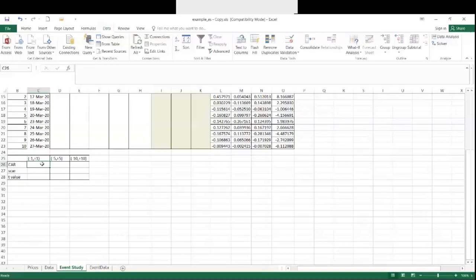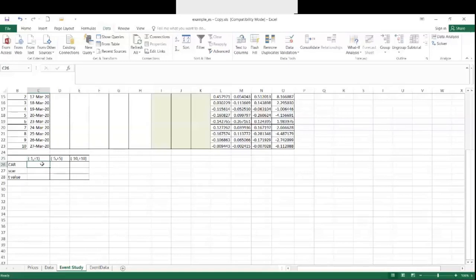We also calculate the t value for the cumulative abnormal return statistic to check for its significance. Let me do that.